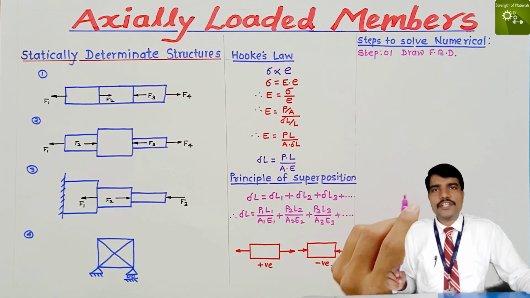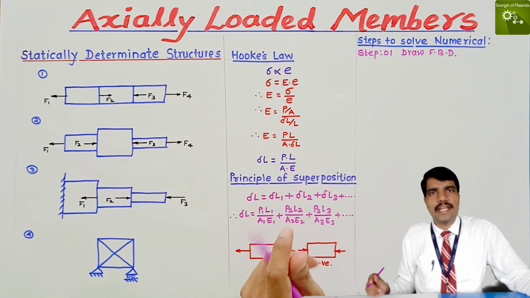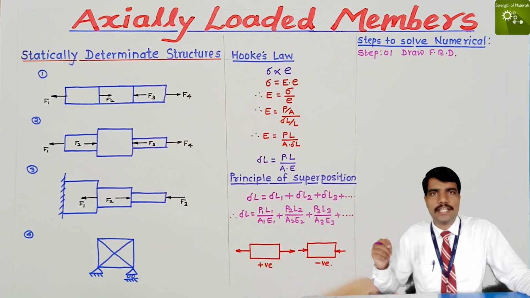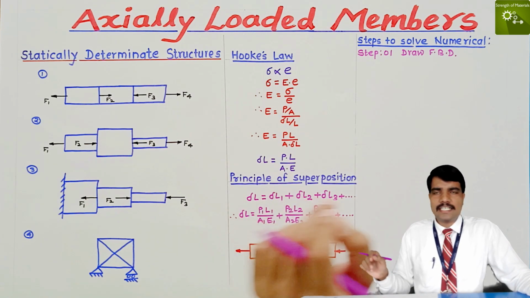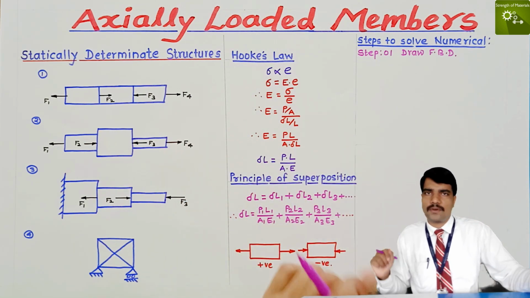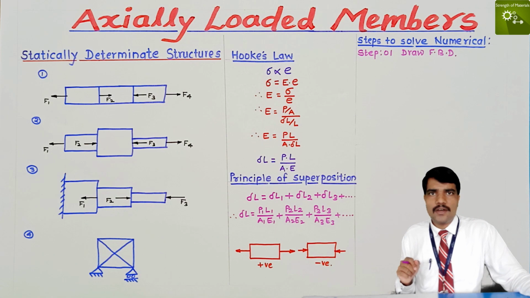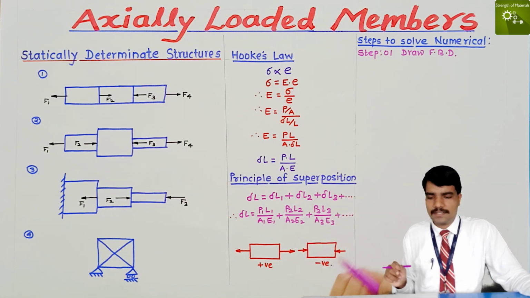A representation of all types of reactions, forces, movements, and couples acting on that body is called a free body diagram. Simple. Let's consider one statically determinate structure having uniform cross section. First of all, we draw a free body diagram of each member or each part.